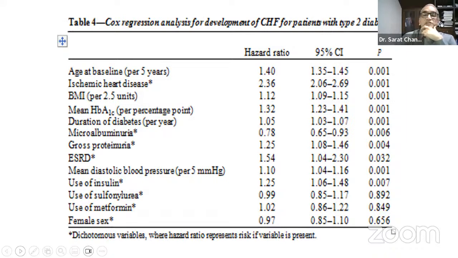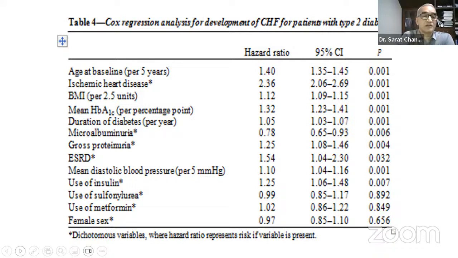So the older the person, the greater the chance of heart failure. Presence of ischemic heart disease makes it 2.36 times higher. So is BMI. Most of them are statistically significant. Microalbuminuria, gross proteinuria, end-stage renal disease, duration of diabetes. The longer the duration of diabetes, the greater the chances of development of heart failure.